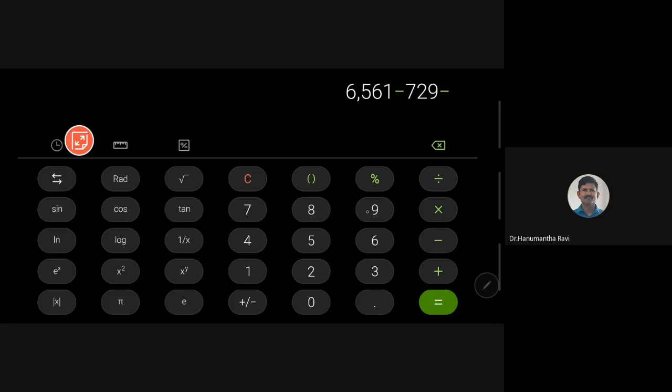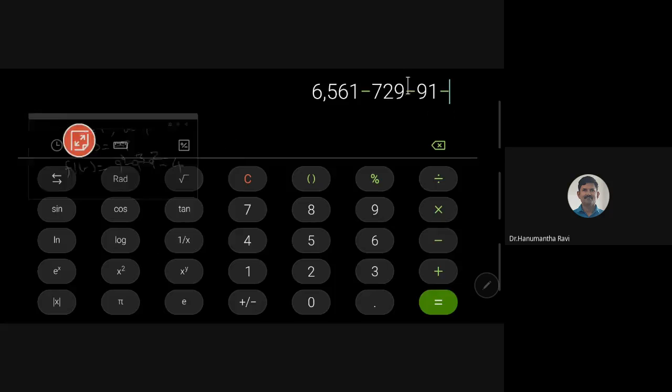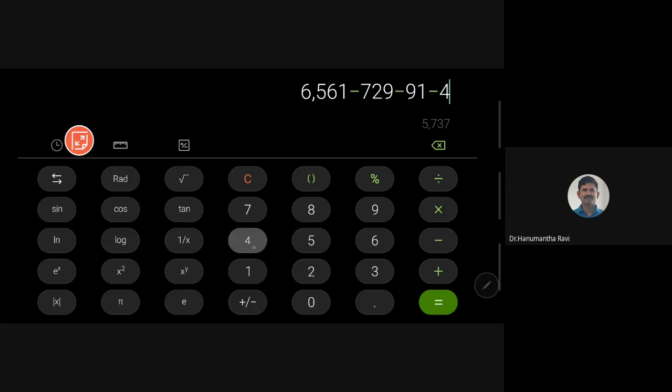Minus 9 square, 81, minus 4. So this is 5737.